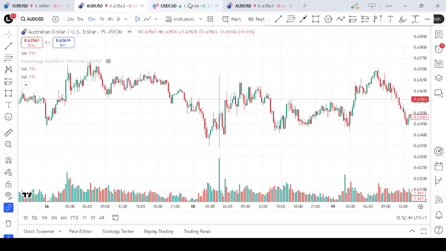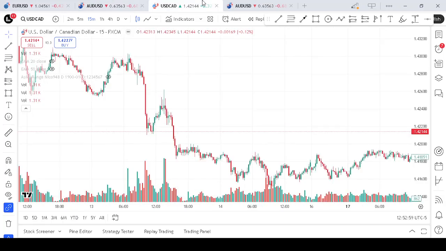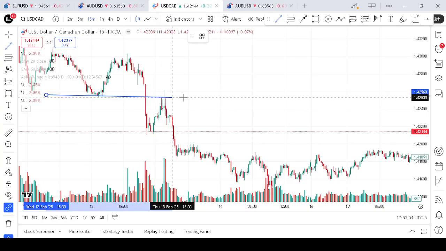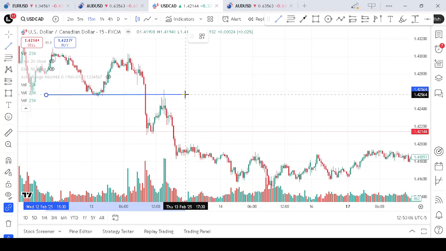Thirdly, we need to avoid neglecting our volume bar. Our volume bar is also a tool that can give us more confluence when trying to take a trade. Like this example I used before from this support that turned resistance area.